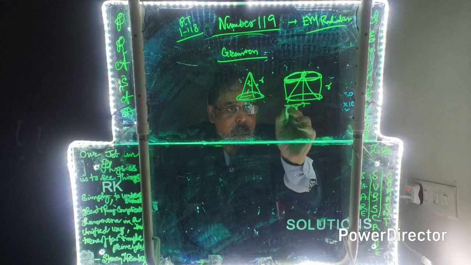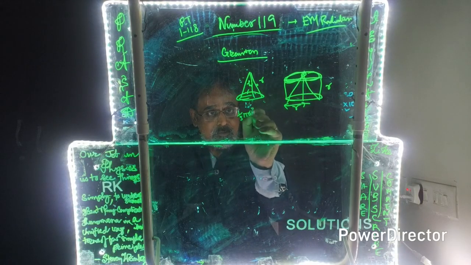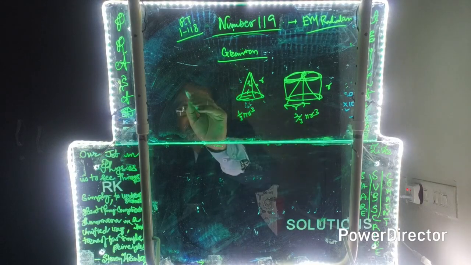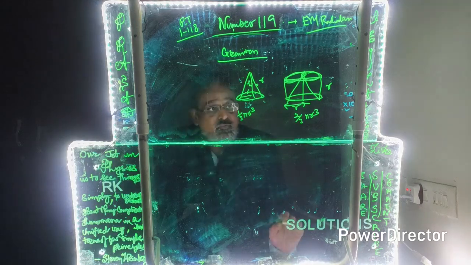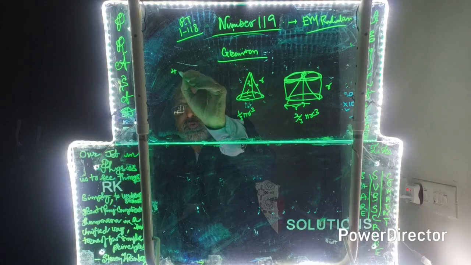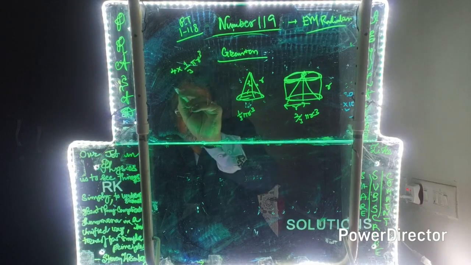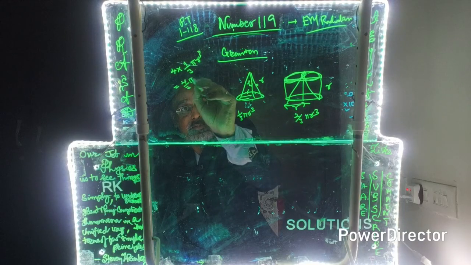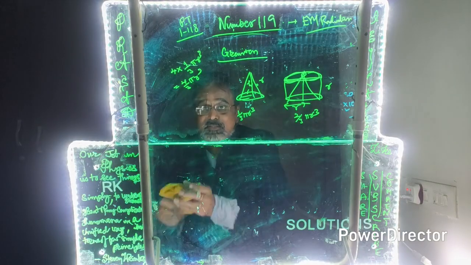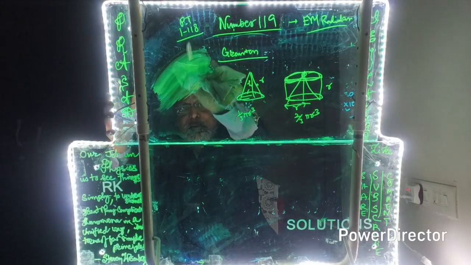This is 1/3 pi r cubed. So this is 2/3 pi r cubed. And it is even more interesting if you take 4 into 1/3 pi r cubed, what do you get? 4/3 pi r cubed. What is 4/3 pi r cubed?